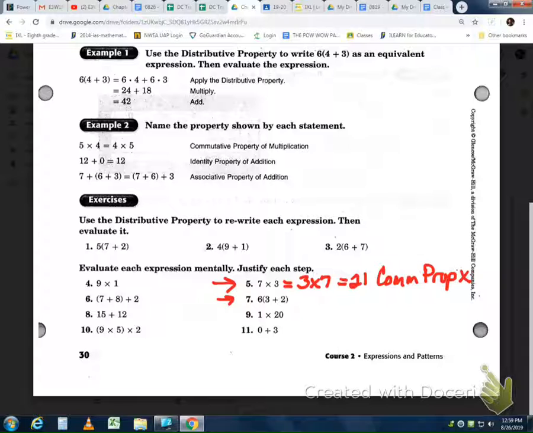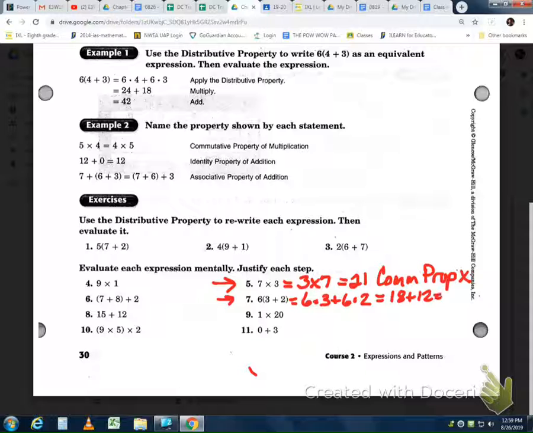Okay, number 7. 6 times the quantity, 3 plus 2. What do you think we're going to do with that, Emma? 6 times 3 plus 6 times 2. Okay, what's 6 times 3? 18. Plus 6 times 2? 12.